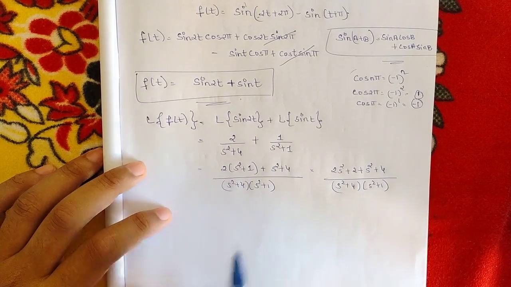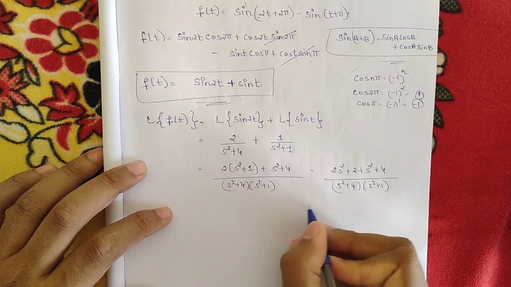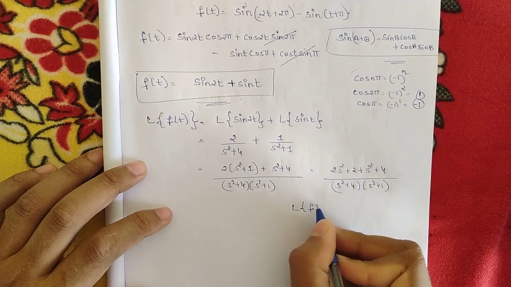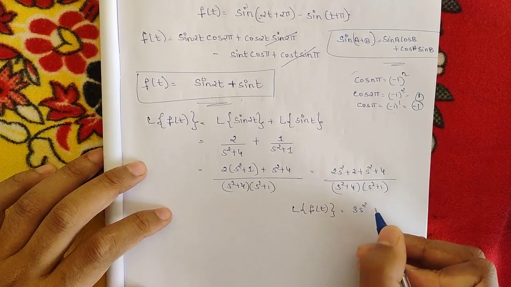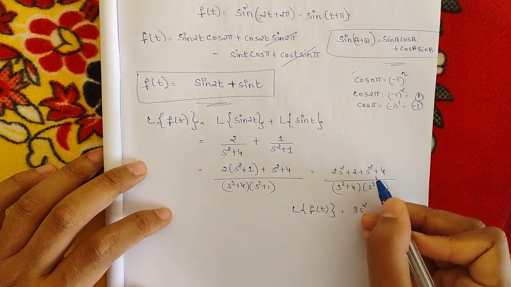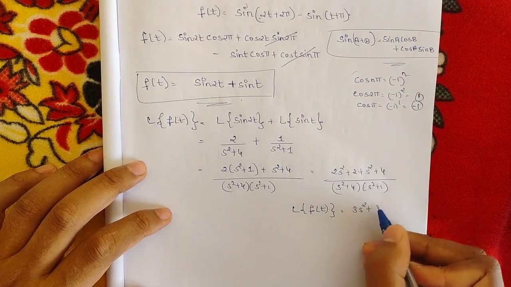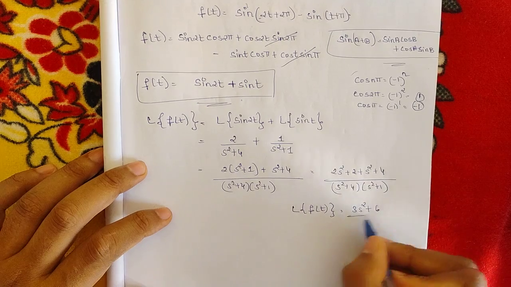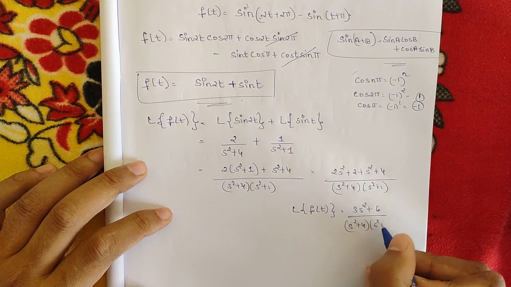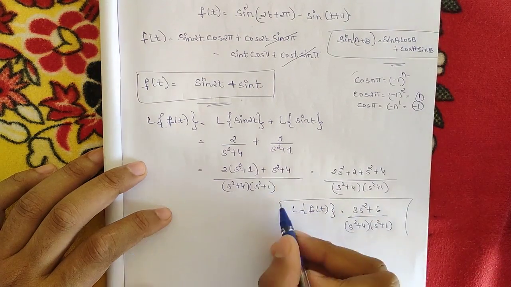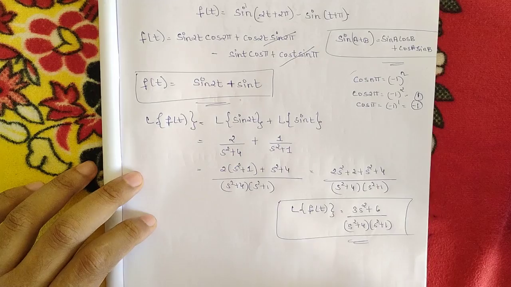So 2s square plus s square is 3s square plus 6, divided by s square plus 4 into s square plus 1. So this is the answer of L of f of t what we have got.